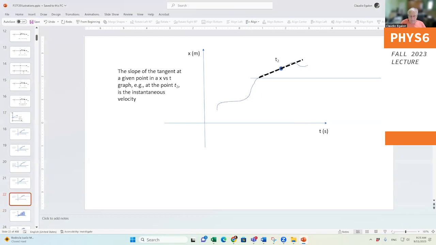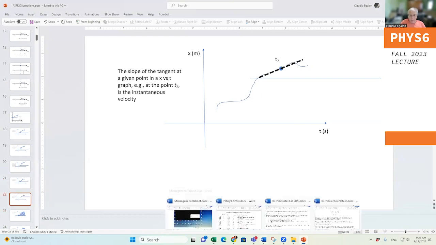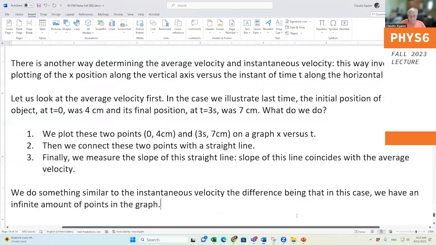Okay, so let's document that in my notes. In the graph, okay? So we do the following.